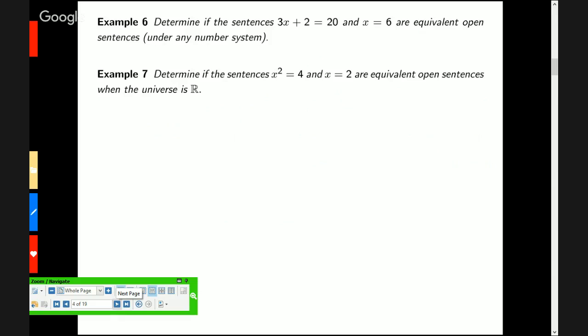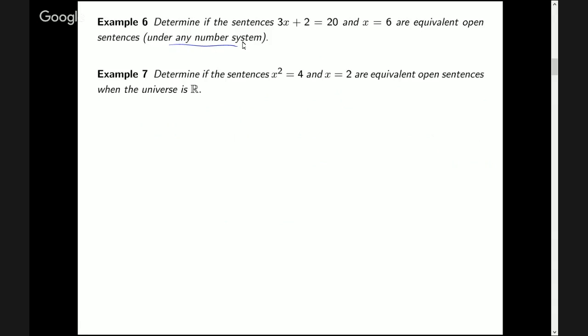Determine if the sentences 3x plus 2 equals 20 and x equals 6 are equivalent open sentences under any number system. So that would be under the integers, under the naturals, under all the number systems. What is the truth value of x equals 6? What values for x make that true? 6. What values make this one true? So 3x equals 18.